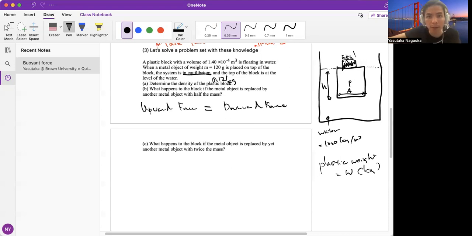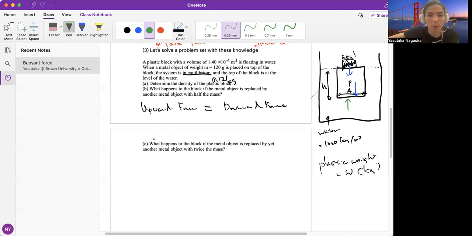Basically, this metal has some weight, so it has some downward force. And of course, this object itself has gravity as well. So there is a gravity from the plastic weight as well. And the upward force is, of course, hydrostatic pressure.